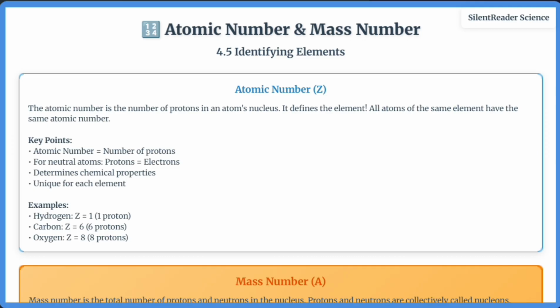We write atomic notation with the mass number on top and atomic number on bottom, like carbon-12 written as C with superscript 12 and subscript 6. This tells us everything about the atom: element symbol, number of protons, number of neutrons, and mass. These numbers are fundamental to understanding atomic structure and the organization of the periodic table.